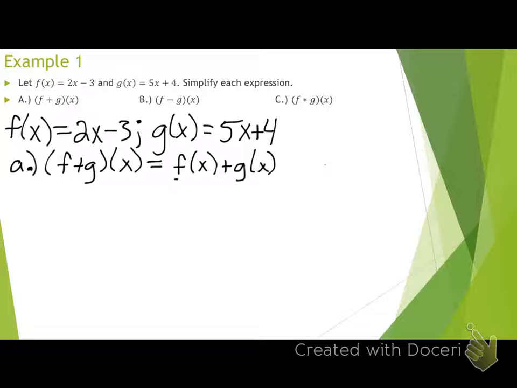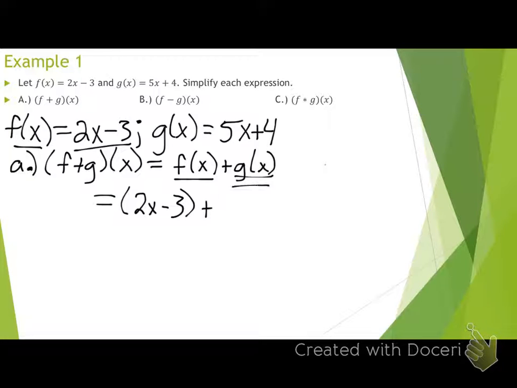What does it tell me that f of x equals? It says f of x equals 2x minus 3. So what can I replace the f of x with? 2x minus 3. Bring my plus sign down from my original formula.